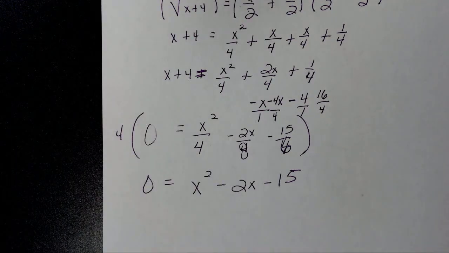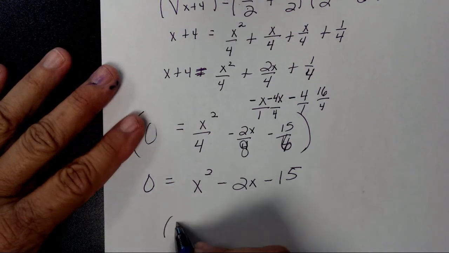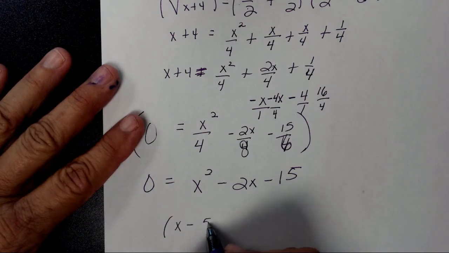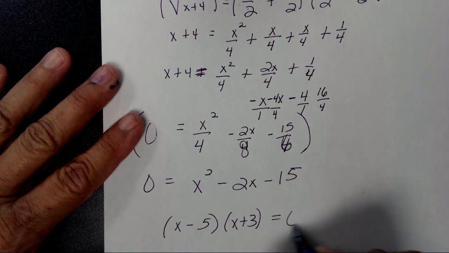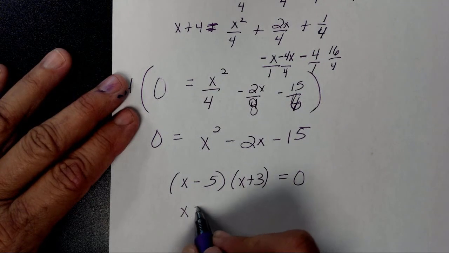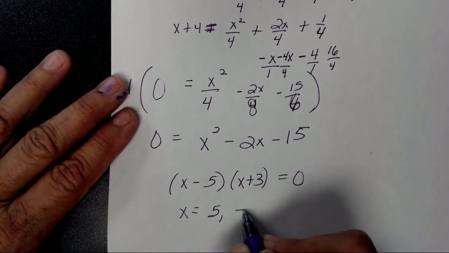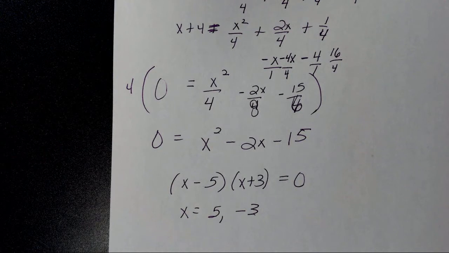All right. Will this factor? Will anything multiply to negative 15 and add to negative 2? Negative 5 and positive 3? Which would then make my solutions what? 5 and negative 3.